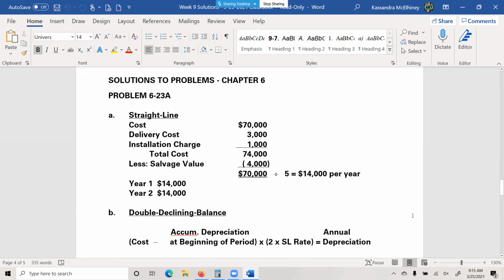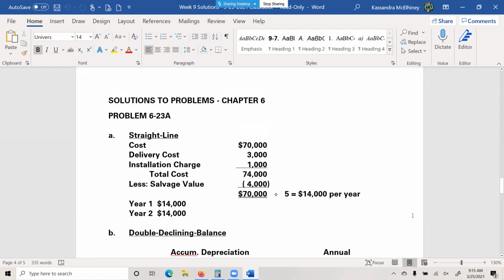So the facts of the problem were that our company, Banco Inc., is a sporting goods manufacturer, and purchased a machine on January 1st of year one for $70,000. Involved in that machine was a delivery cost to get the machine in its proper place and intended use.